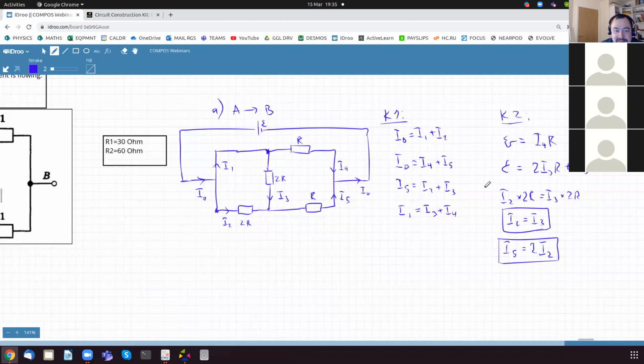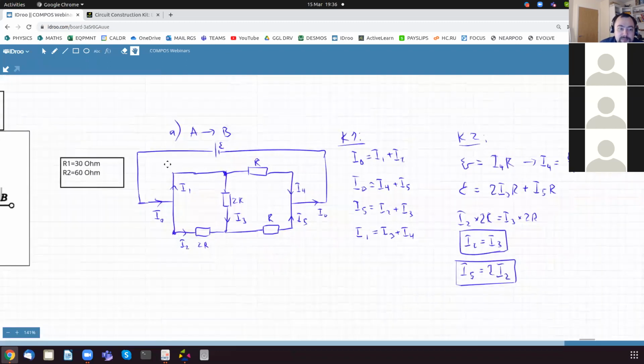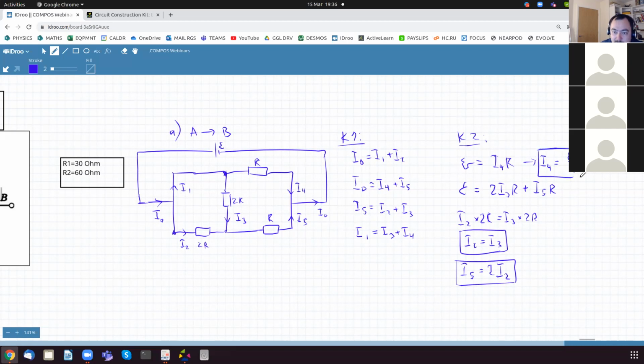I1 is I4R. So from here, I4 is equal to EMF divided by R. So I4 is EMF divided by R, which is going to be useful.